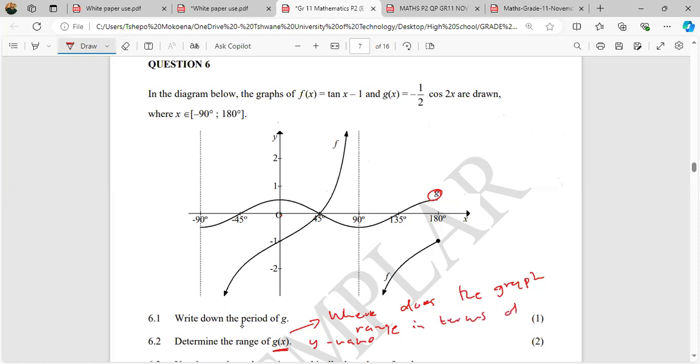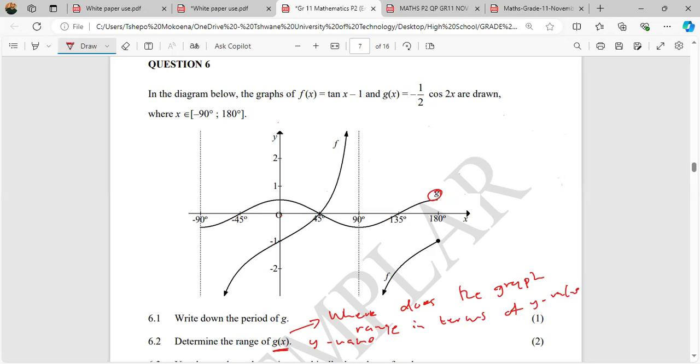Just like the domain and range are the exact same thing. It's just that for domain, we are looking at the x values. I want to use the word range because I believe we are all familiar with what the range means. Range meaning between the maximum and the minimum, right?